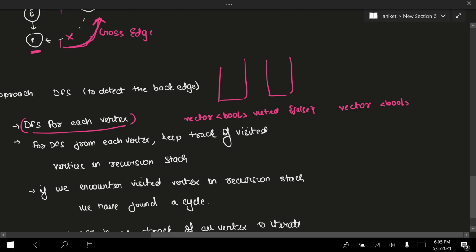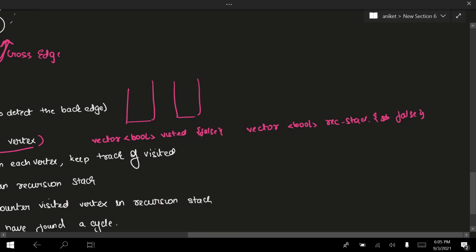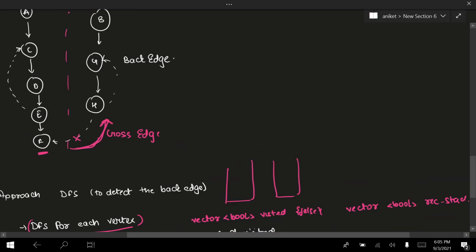Now the recursion stack is a different stack. What happens in a recursion stack is that it works the same as a visited stack, but suppose we find a cycle.